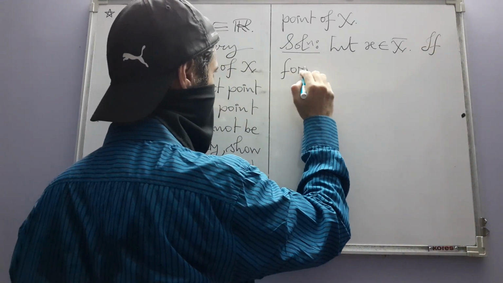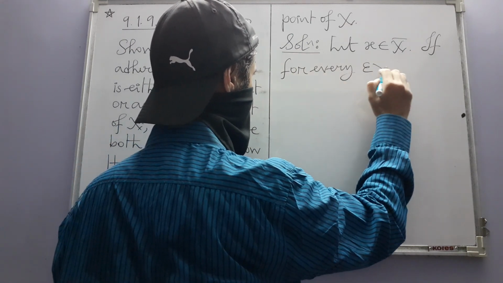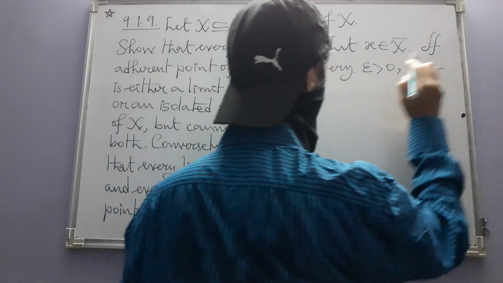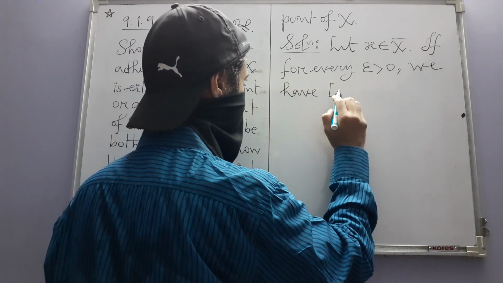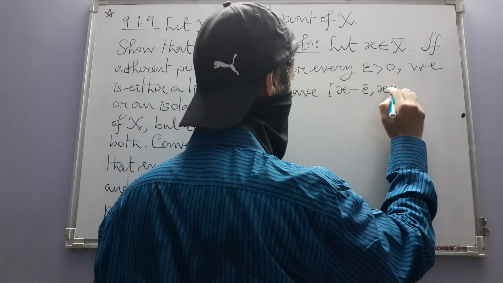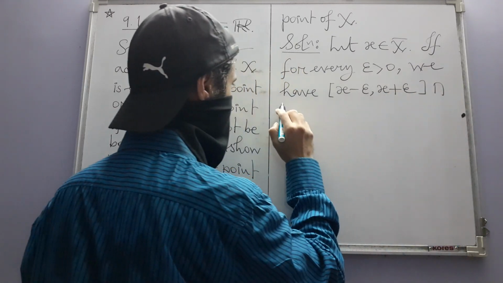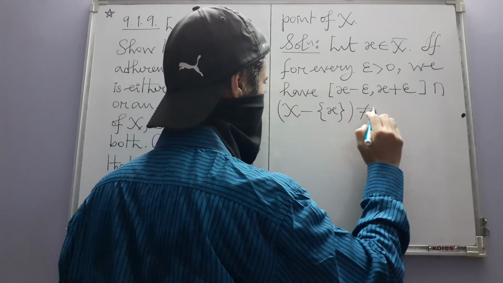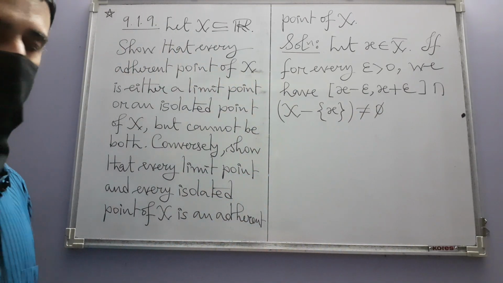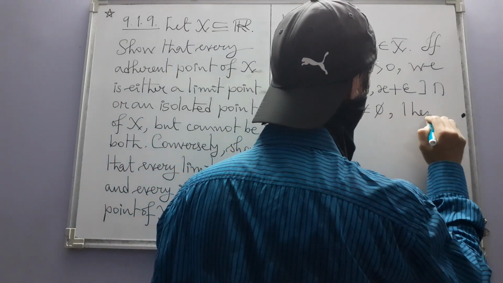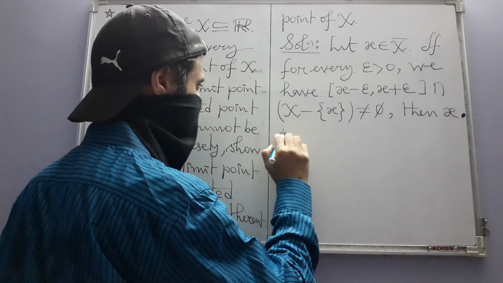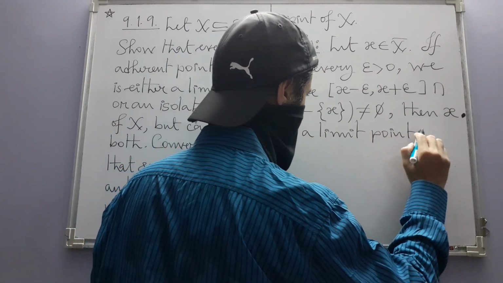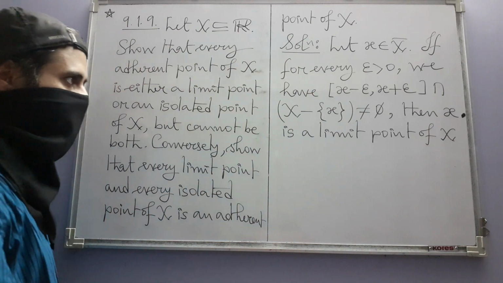Now if for every positive real number epsilon, we have this intersection non-empty, okay, then by definition x is a limit point of capital X. Why though?